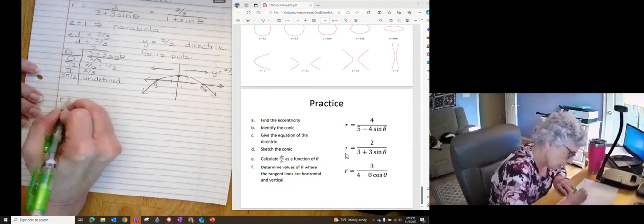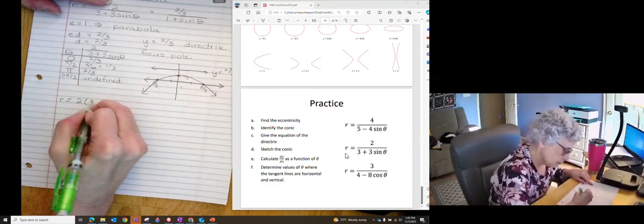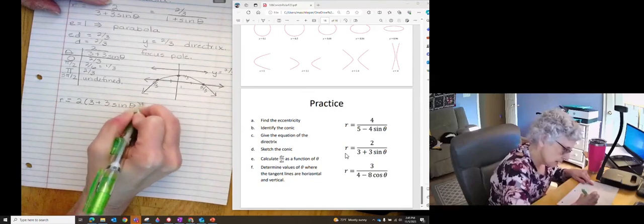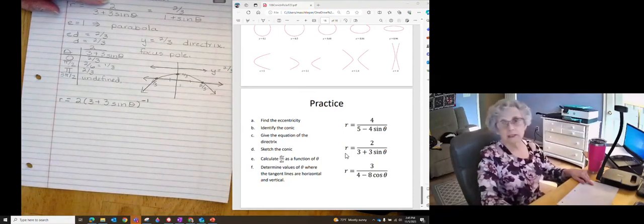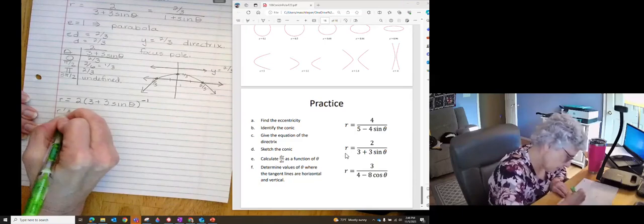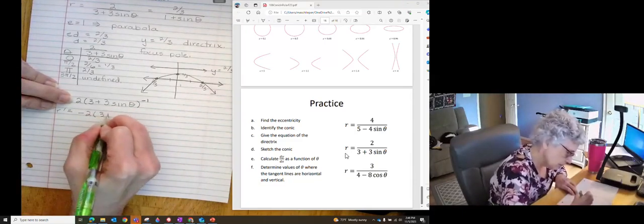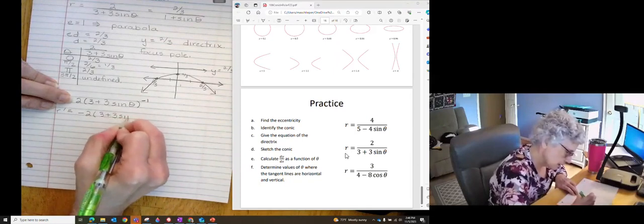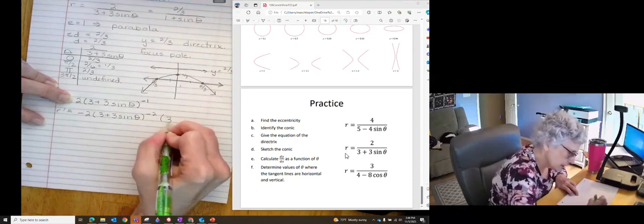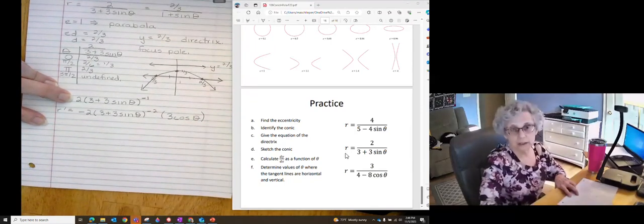So r is equal to, I'm going to write it as 2 times (3 plus 3 sine theta) to the minus 1 power to make it easy to take the derivative. r prime is equal to minus 2 times (3 plus 3 sine theta) to the minus 2 power times 3 cosine of theta.